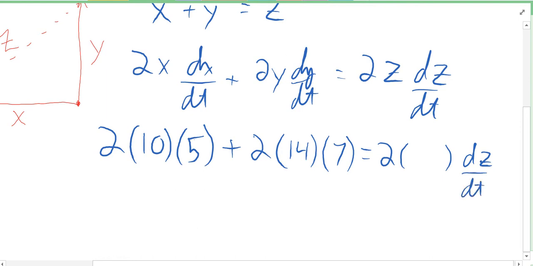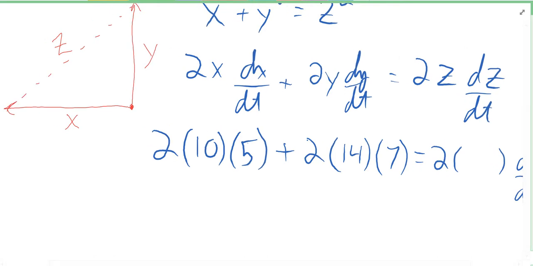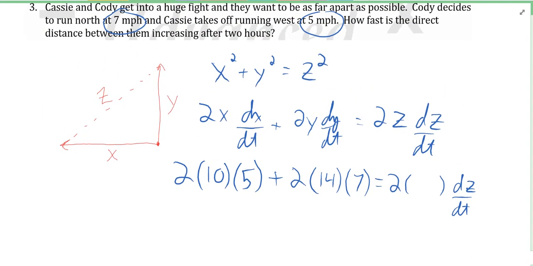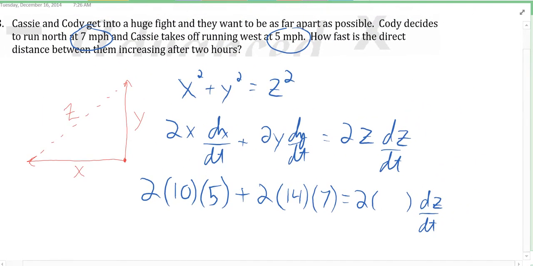Okay. So how'd you get that, Chi-Chi? Yeah, we're going to use, it's not 25 plus 49. You got to plug in the lengths that they are right now, okay? You're plugging in the rates of change. So we got to plug in 14 for y and 10 for x.